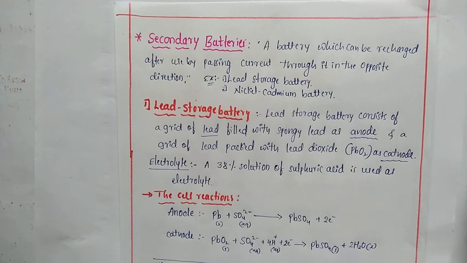First, the lead storage battery. It is used in automobiles and inverters. In a lead storage battery, the cathode, anode and electrolyte are present. The anode is a grid of lead filled with spongy lead, and the cathode is a grid of lead packed with lead oxide, PbO2.